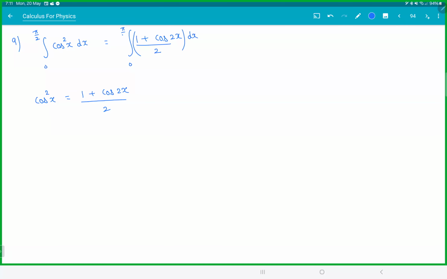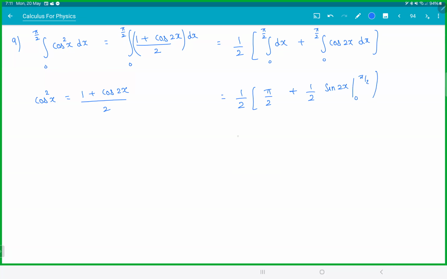So this half comes out. We have integral dx. This is pi by 2, and that is 1 by 2 sin 2x from 0 to pi by 2. That again comes out to be 0.